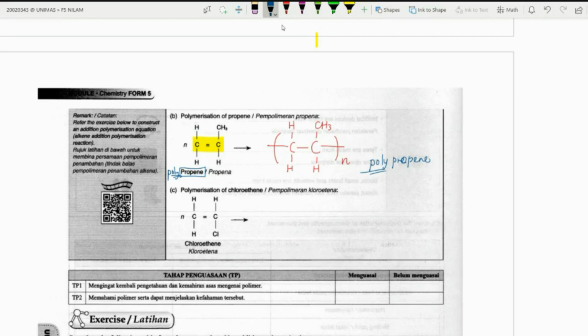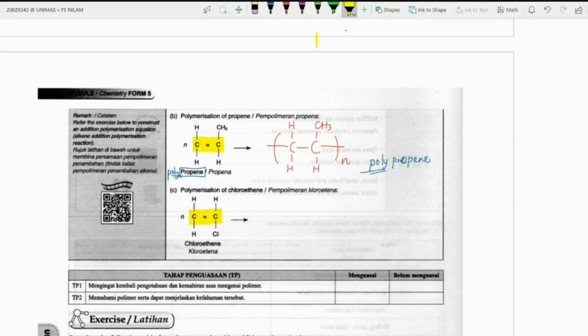Now everybody draw for chloroethene. Ready? Okay, that's done.